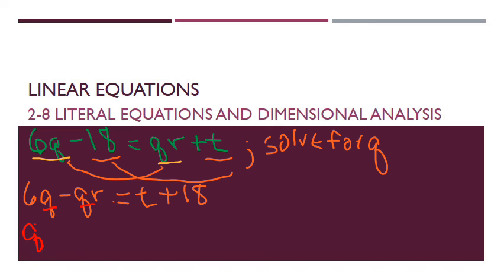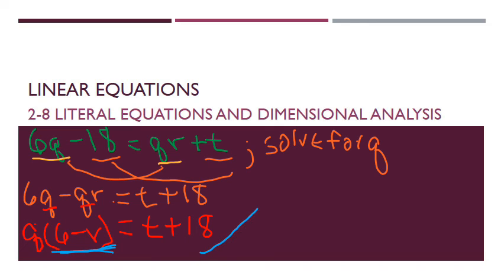And that would give me Q times (6 minus R) equals T plus 18. All right, so now I can get this Q by itself by dividing by this expression, 6 minus R. And let's go back. If I were to distribute, Q times 6 is 6Q, Q times minus R is minus QR. So this is a valid way of using the distributive property to factor out the Q.